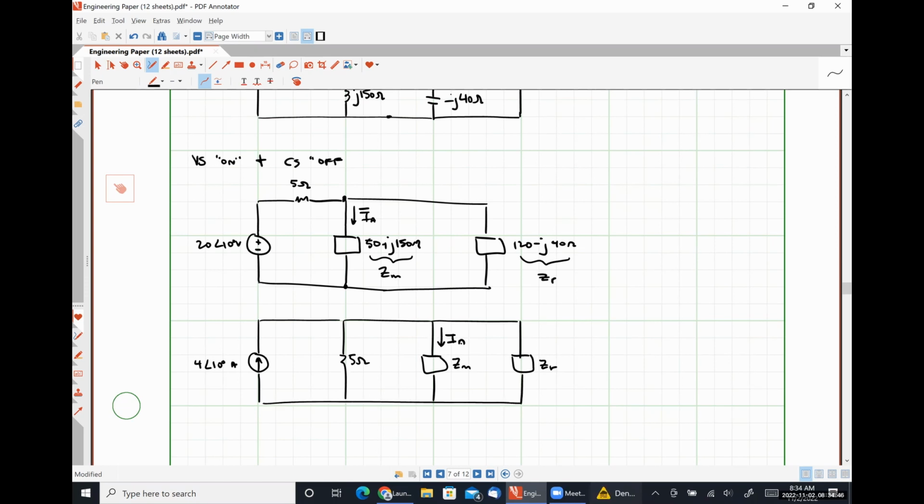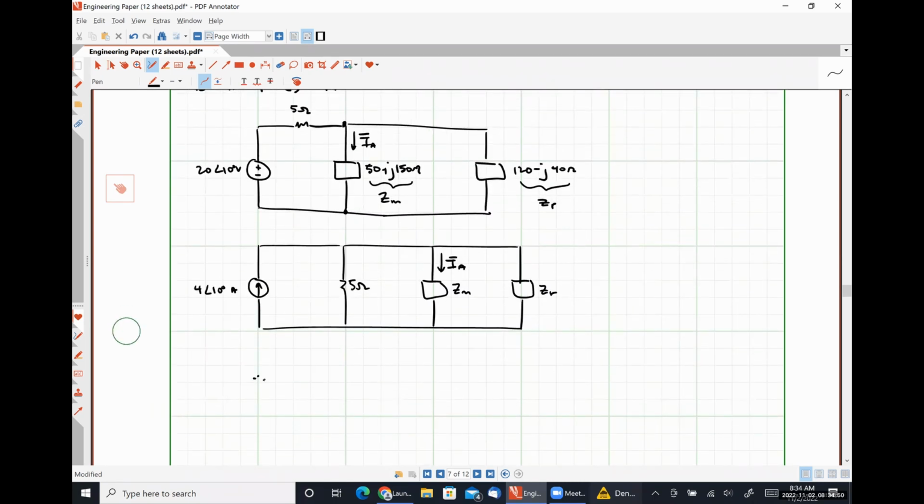The current we're looking for is this current IA. And this actually should be IA prime since this is a superposition iteration.